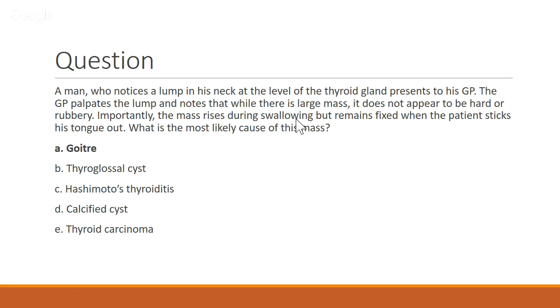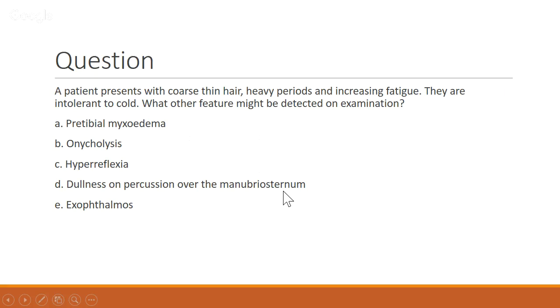Glossal means tongue. A thyroglossal cyst is basically an embryological remnant of tongue development, and it's connected to the tongue. So if you stick your tongue out, it's going to rise because they're connected. If it remains fixed, it's not a thyroglossal cyst, so it's a goiter. And a goiter is found in both hyper and hypothyroidism. Okay, next person.